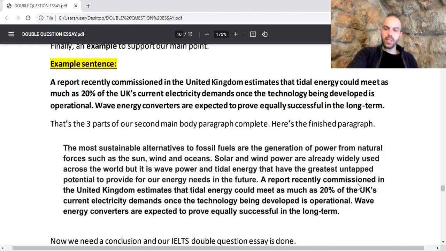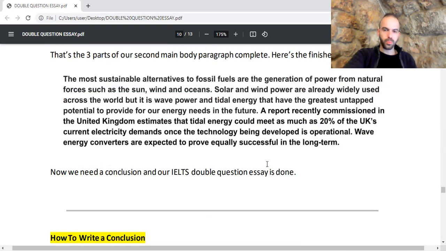It says a report recently commissioned in the United Kingdom. Commissioned as a verb could mean showed or demonstrated, or commissioned in the UK, carried out in the UK, okay? So commissioned in the UK means carried out in the UK. It's an amazing synonym of the word carried out or held or done.